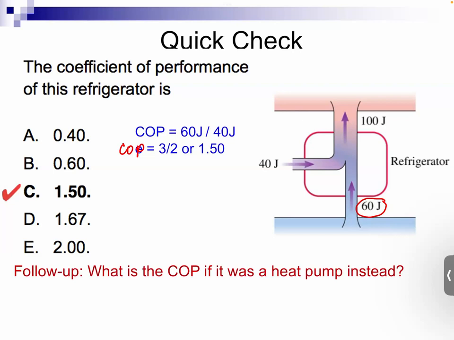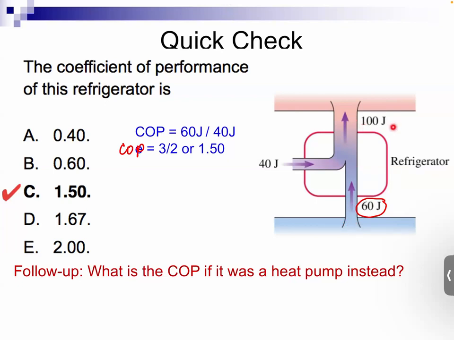Okay. Now, what if it was a heat pump instead of a refrigerator? So if it were a heat pump, we want to maintain a hot temperature, and to do that, heat needs to go from cold temperature to hot temperature again, but you need work in order to facilitate heat flow from cold to hot.